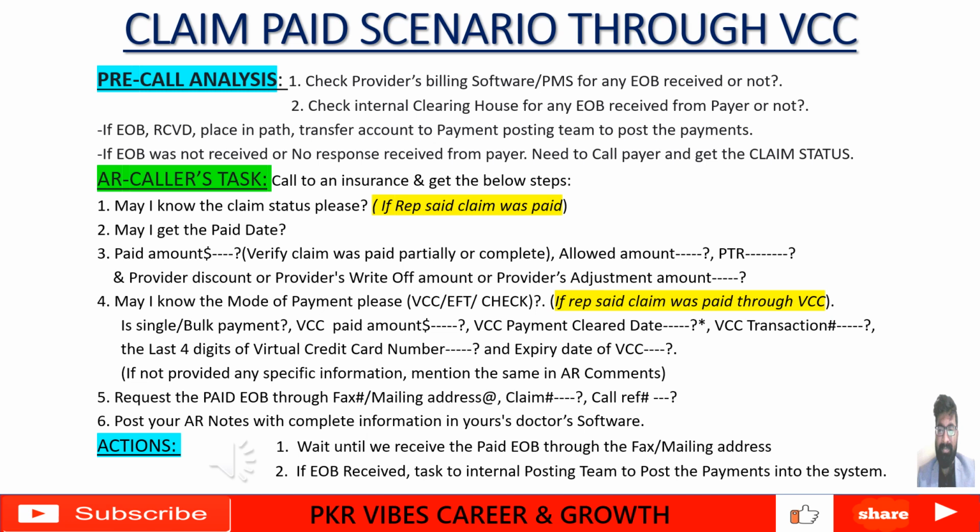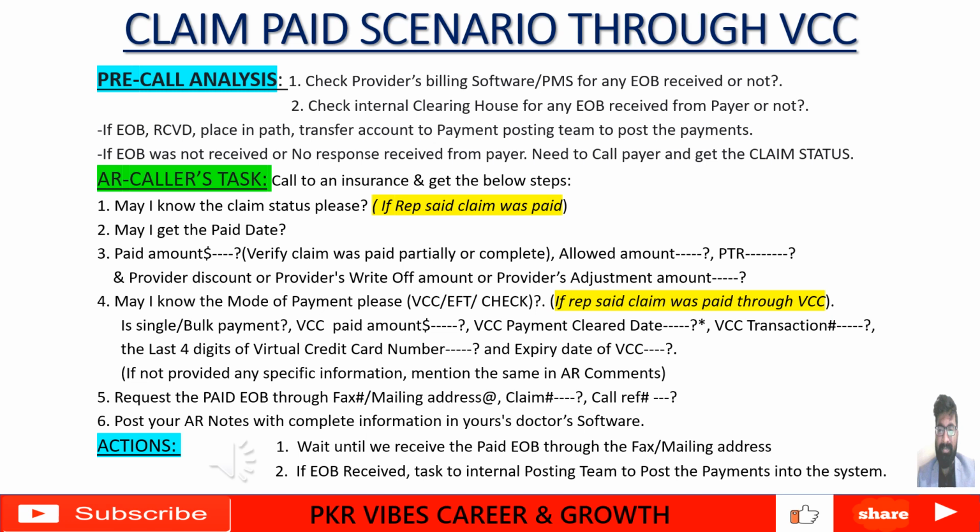Whether it is accepted by the payer, and if accepted, whether you received any updated EOB from the payer. Or otherwise, whatever claim you submitted to the insurance, it may have been rejected by your internal side clearinghouse, or rejected by the payer side clearinghouse. That information also you can find in your clearinghouse.